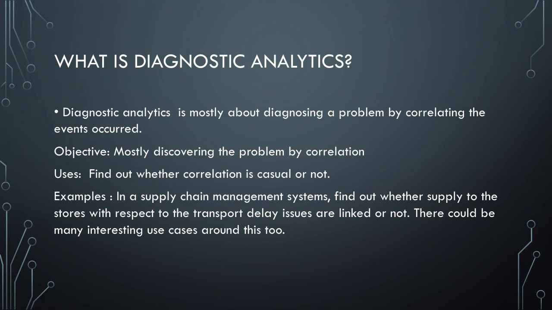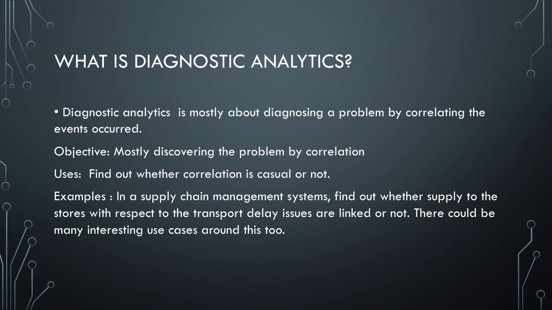So let's see an example. In a supply chain management system, I find out whether the supply to the stores and the transport delay issues are linked or not. If you are looking at some of the past data, a good supply to a number of stores spread across many parts of the country, and you are trying to correlate the transport delay events that occurred at the same time.